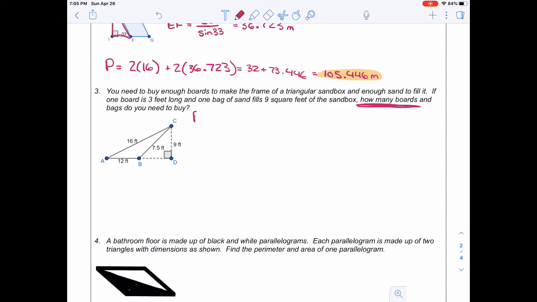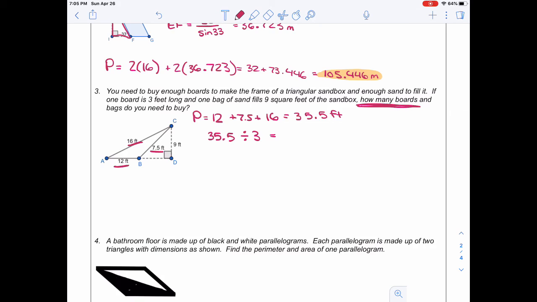So for our perimeter, we have 12 feet plus 7.5 plus 16. So altogether, that's going to give us 35.5 feet needed to build that triangular sandbox. So since we know that each board is 3 feet long, to find out how many boards, I'm just going to take that 35.5 that we just found and divide by our 3 feet.